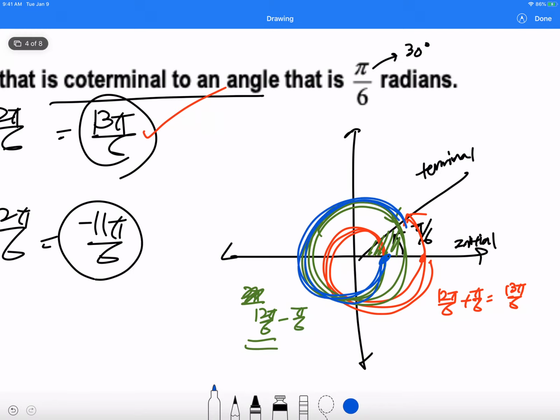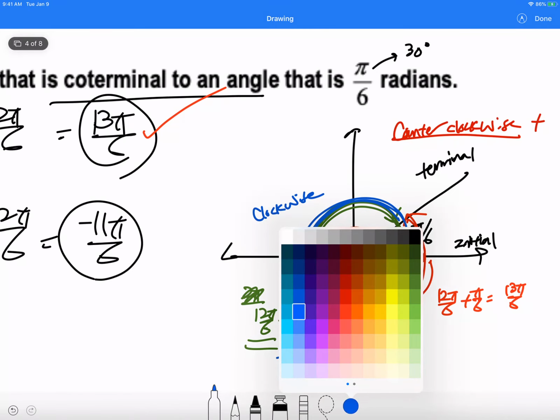We're only looking at this sort of like a letter G part. And so that's negative 11 pi over 6 because you're going in the clockwise direction. Remember, counterclockwise is always a positive angle. Your angles are always measured in a counterclockwise direction, and then clockwise would just simply be negative.